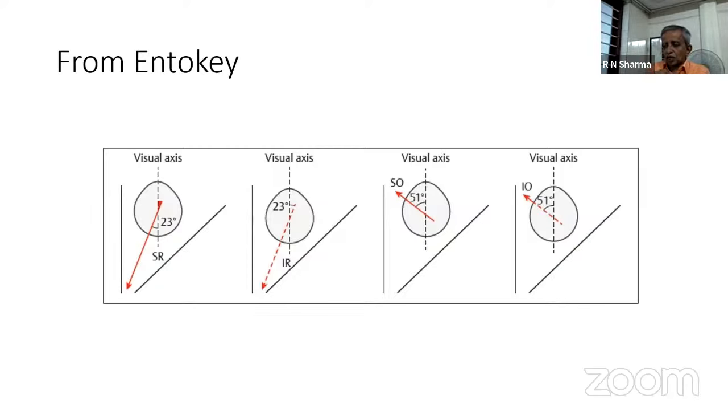So when it contracts, what will happen? The anterior inferior outer quadrant will be drawn towards the origin. Therefore, it will produce an adduction and the lower portion will be pulled downward. Therefore, it will produce a depression.